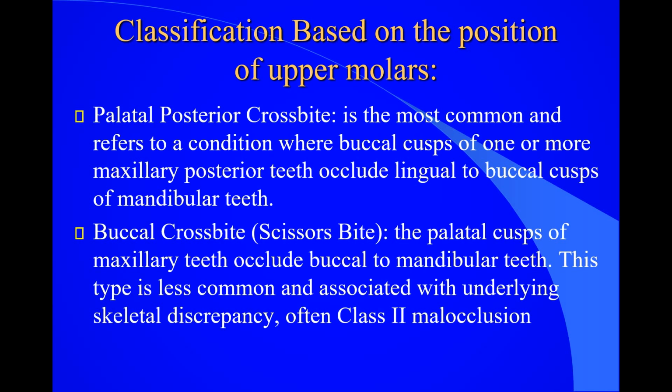Consider the classification based on the position of upper molars. You can say that they are divided into 2 parts. Palatal posterior crossbite is the most common and refers to a condition where the buccal cusp of one or more maxillary posterior teeth occlude lingual to the buccal cusp of mandibular teeth.